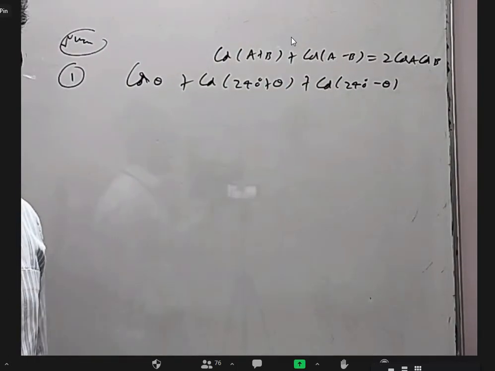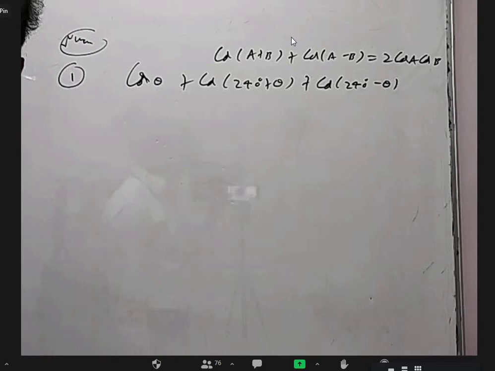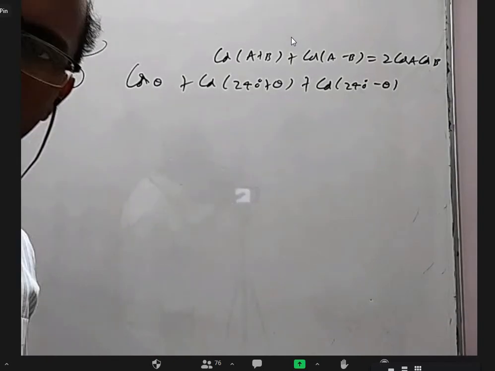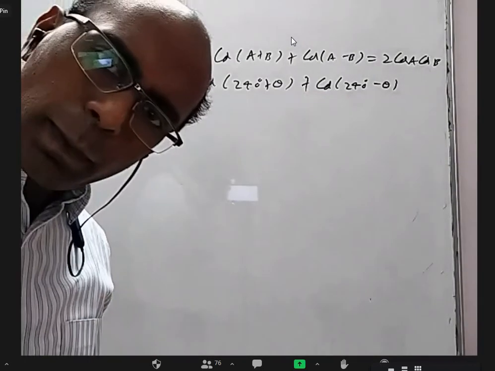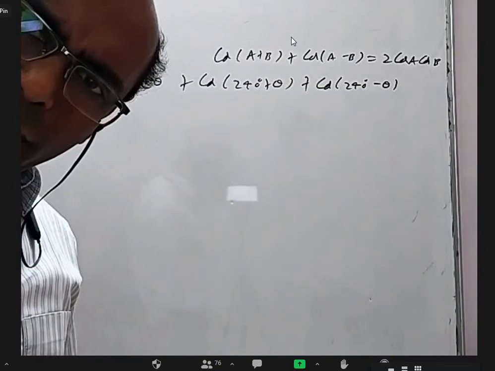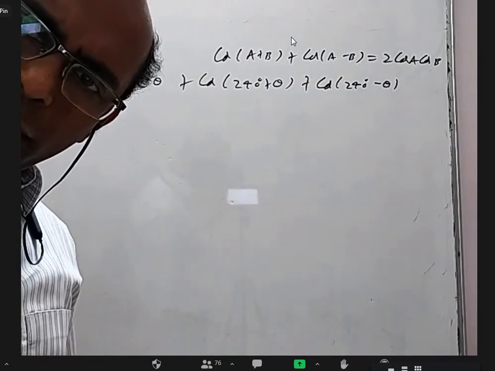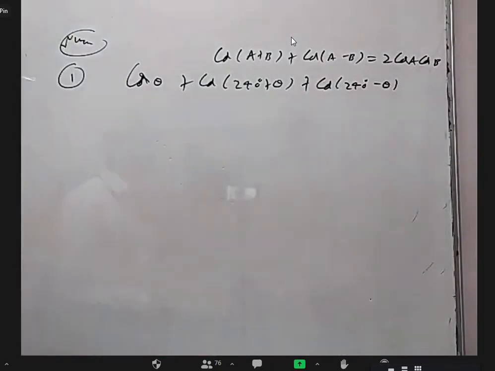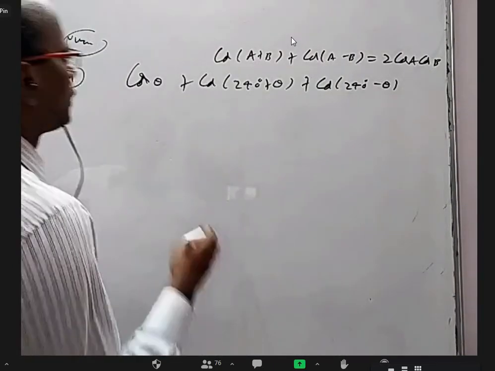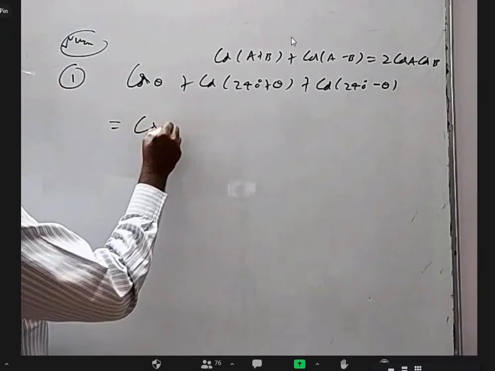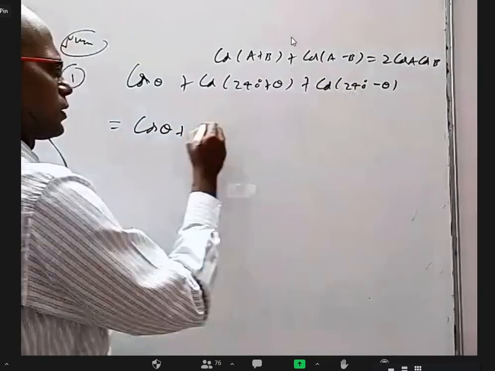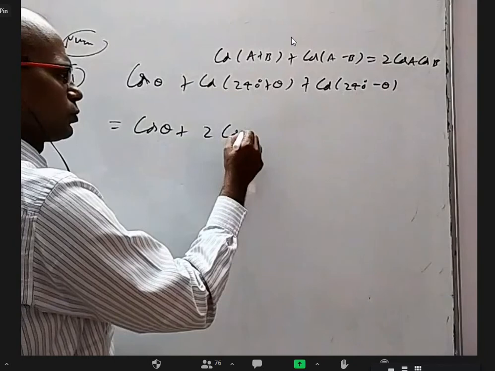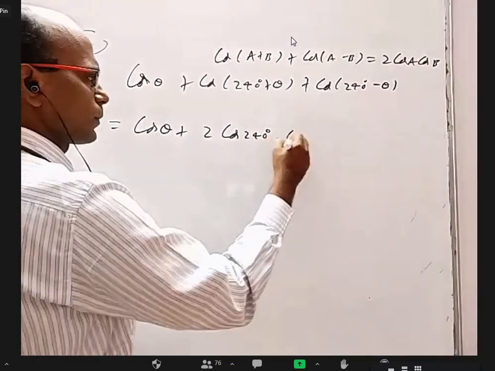We use that now. So this will become cos theta, plus 2 cos 240 degrees cos theta.